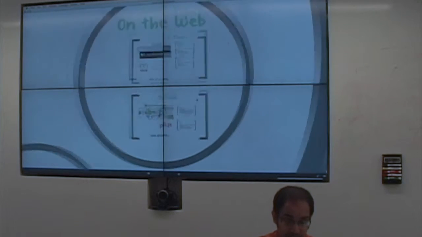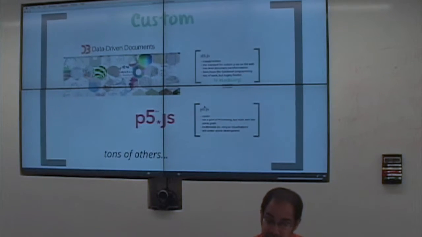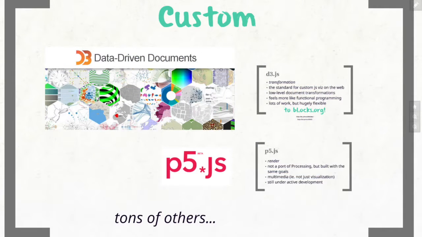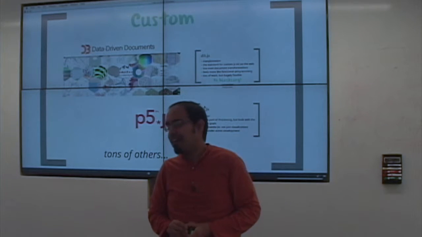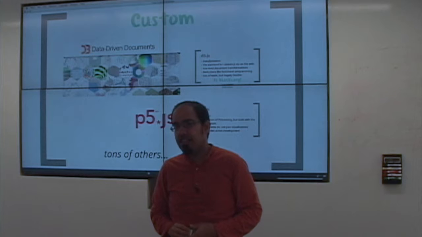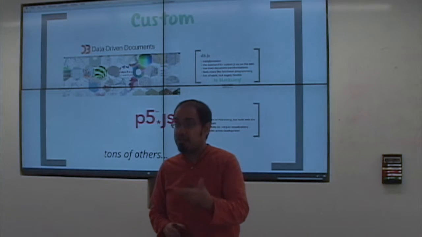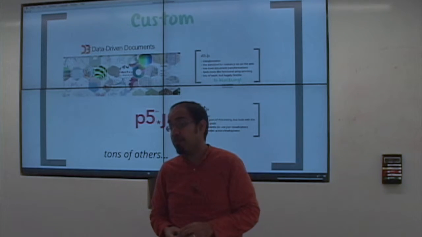So much more interesting are the custom technologies. Here I want to talk about two, D3 and P5.js. And the distinction I'll paint between them is D3, people talk about it as a visualization library. It's a JavaScript library. It's not a visualization JavaScript library. It's a library for transforming objects in the DOM, in the document object model.